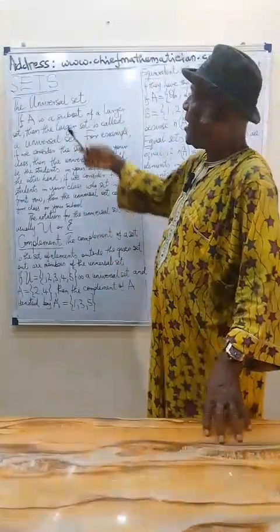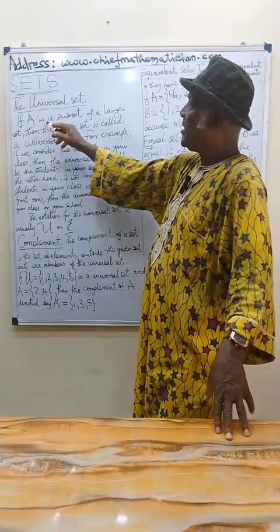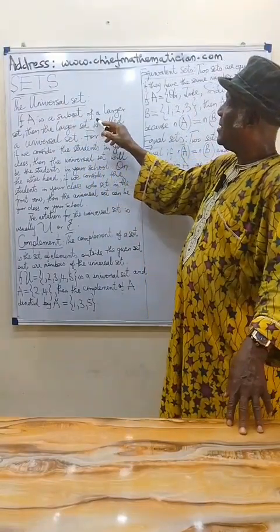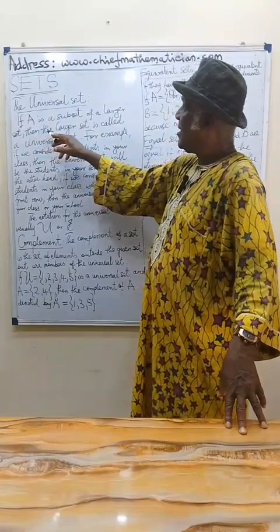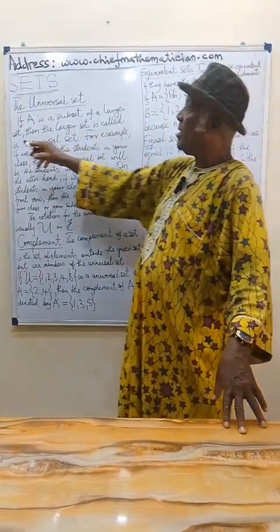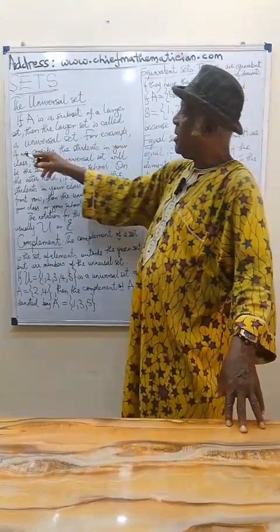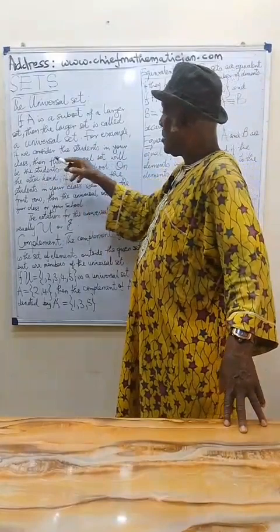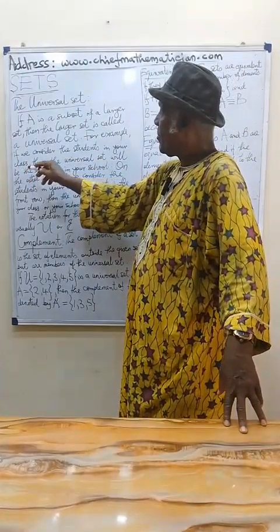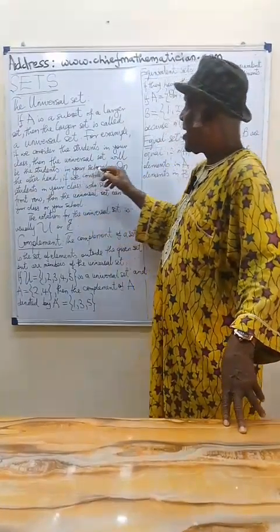We look at the universal set. If A is a subset of a larger set, then the larger set is called a universal set. For example, if we consider the students in your class, then the universal set will be the students in your school.